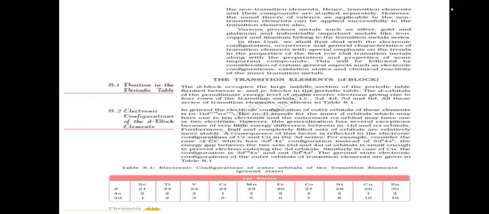The energy gap between the two sets of orbitals, 3d and 4s, is small enough to prevent the electron entering the 3d orbitals. Similarly, in case of Cu, the configurations of the outer orbitals of transition elements are given in table 8.1, electron configuration of outer orbitals of the transition elements, ground state.